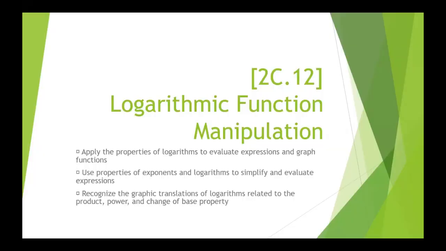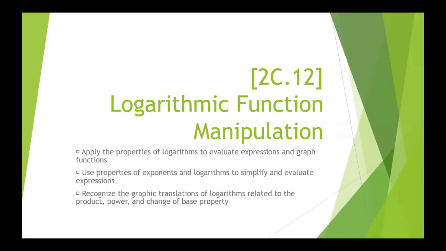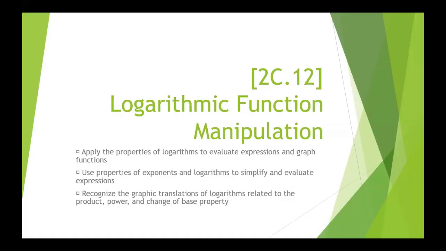So 1/2 would now be at 1. 4 is at 2. What's 4 divided by 4? 1. So now we'll be at 1, 2. 8 divided by 4 is 2. So we'll be at 2, 3. So this would be our horizontal dilation.